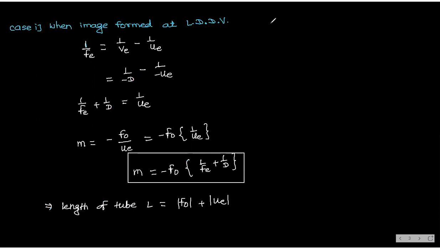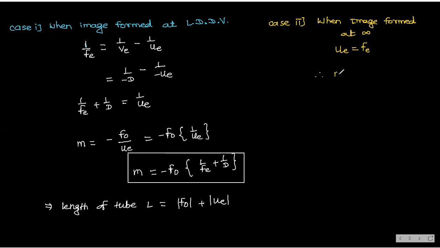Now case number 2, when the image is formed at infinity, then the object distance should be equal to the focal length of the eyepiece, that is Fe.